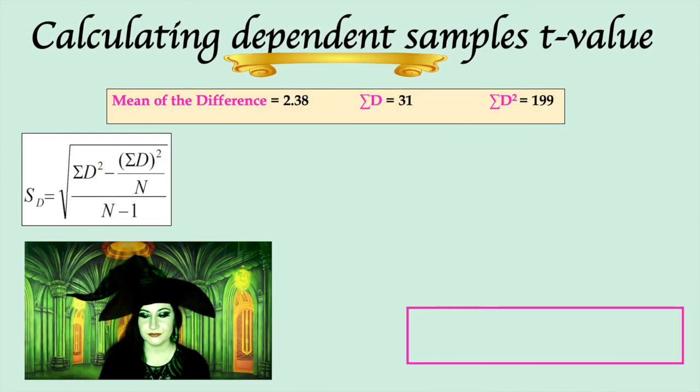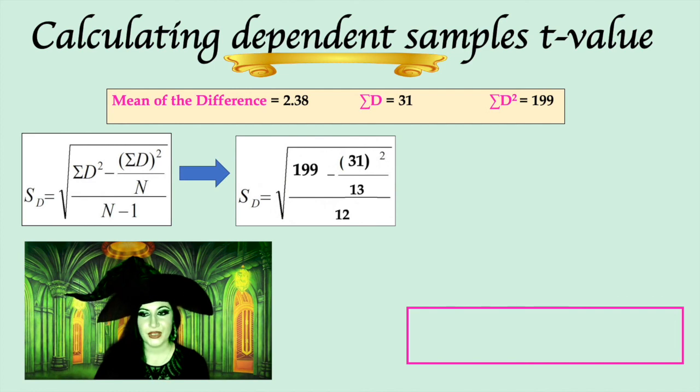So, if we simplify that further, we know that the sum of the difference squared is 199. If I subtract from that 31 squared, because 31 is the sum of the difference, divided by 13, I'm going to then divide all of that by 13 minus 1, which is going to give me 12. As I simplify that further, I can see that 31 squared over 13 is going to give me 73.2.